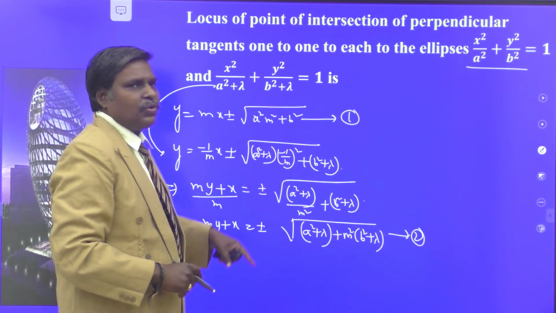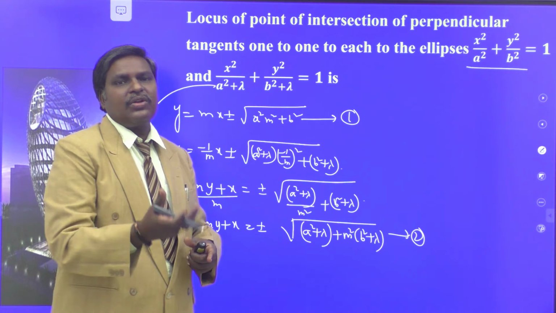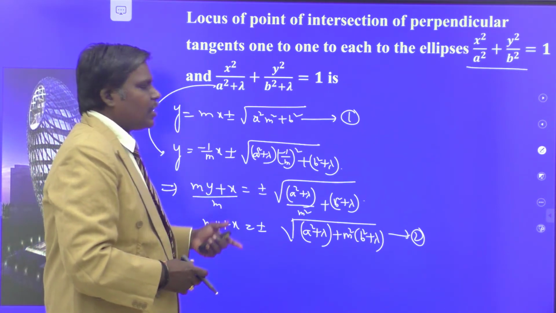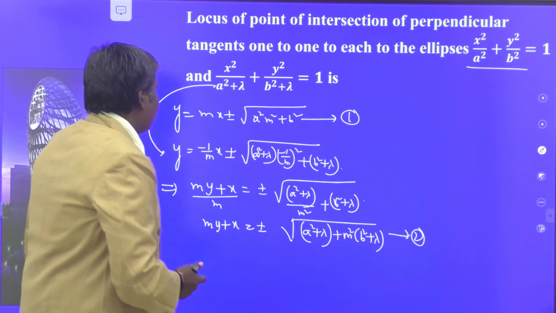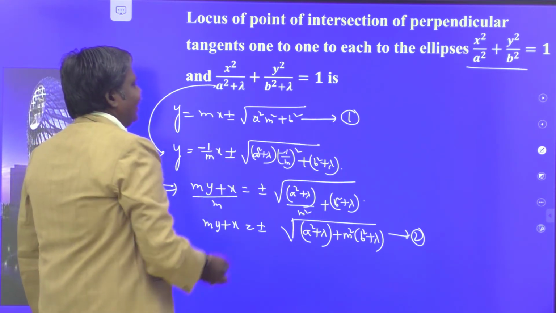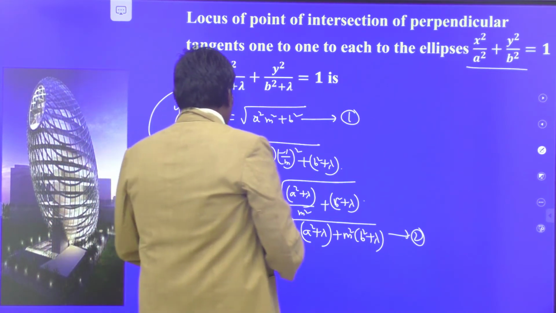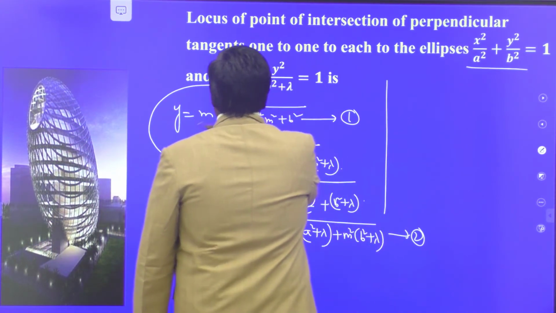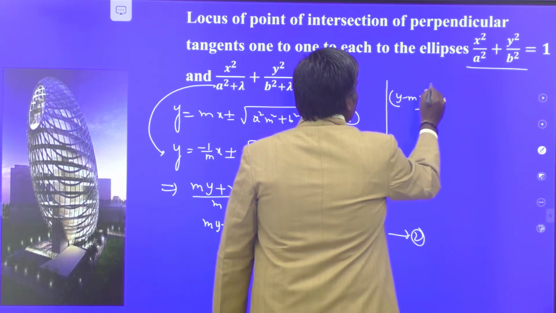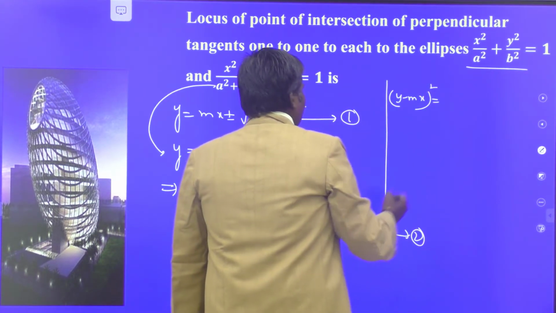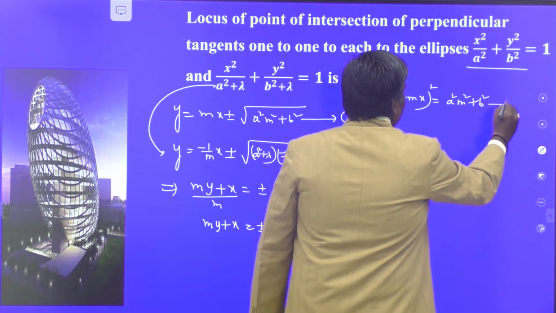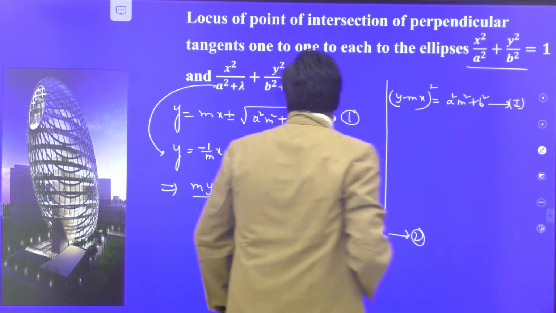We have to find out the point of intersection and write the locus. How to eliminate m here? M is your unknown. So, to eliminate this one, we are squaring and adding. From this first equation, we have y minus mx whole square is equal to a square m square plus b square. This is condition 1.